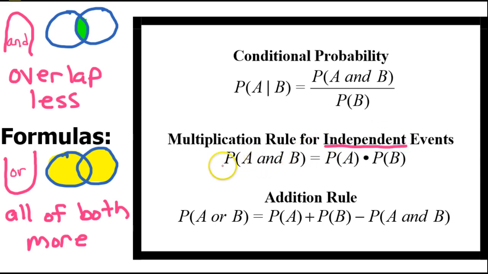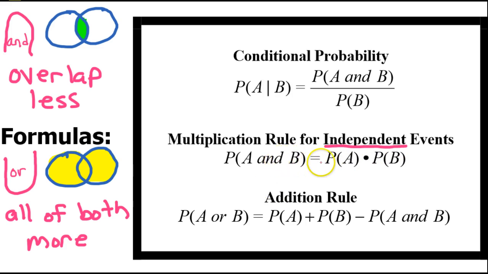If this rule is true, that means the events are independent. If this equation gives us a false statement, that means the events are not independent, they are dependent. So let's use this rule as a test.